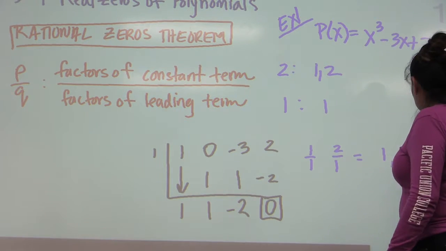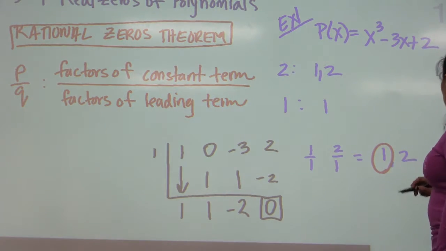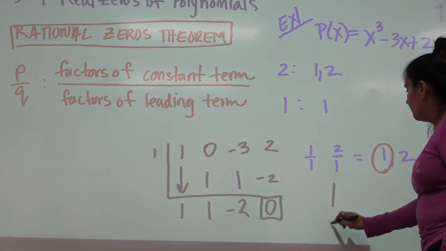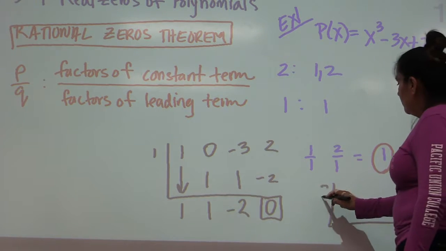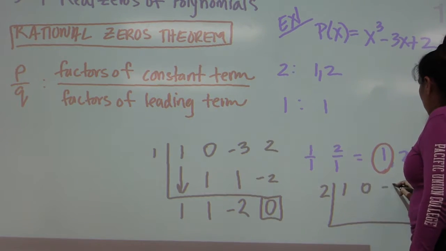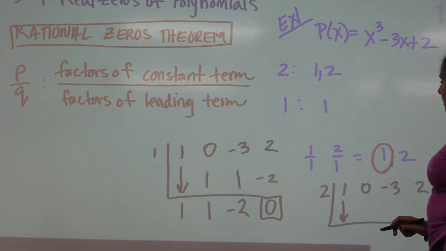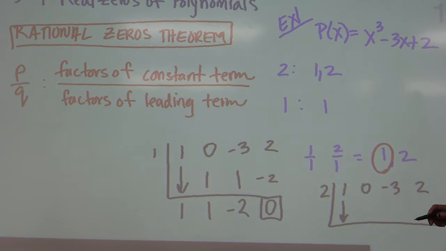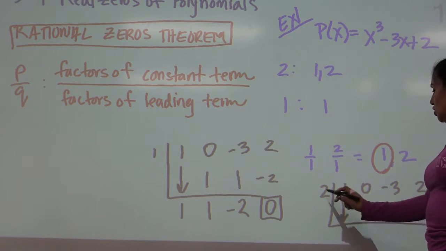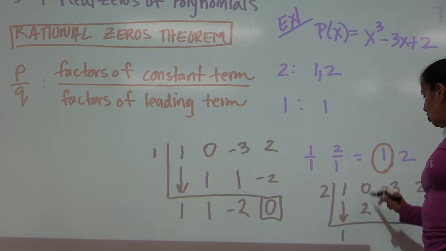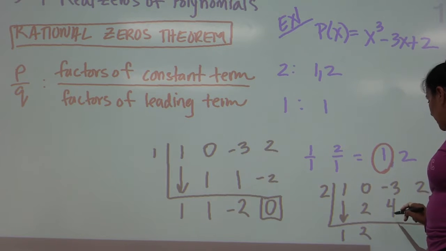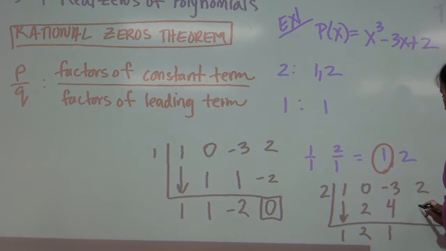So this one works. You can try the 2 as well. In a second, it'll become more clear why that doesn't make any sense to try, but we'll see how it goes. So 2 times 1 is 2, plus 0 is 2, times 2 is 4. 4 minus 3 is 1. It almost works.